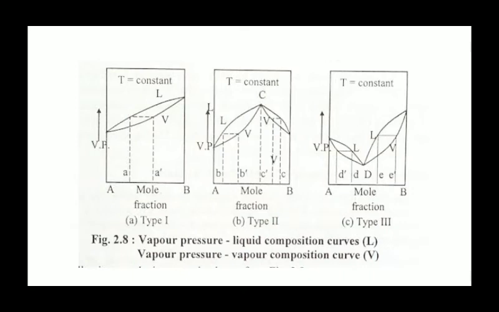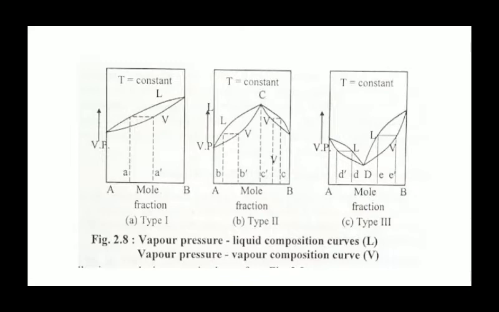In type second and third, the liquid composition curve and vapor composition curve meet at the point of maximum C and minimum D vapor pressure respectively. At points C and D, the composition of solution and vapor are identical.